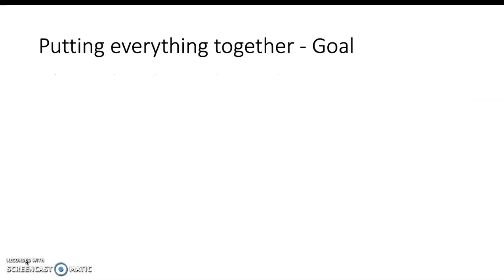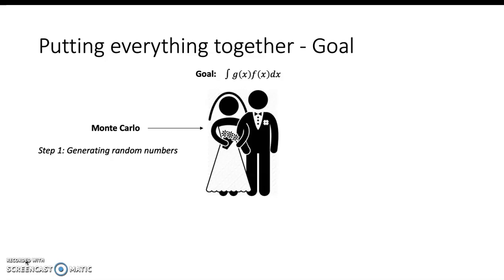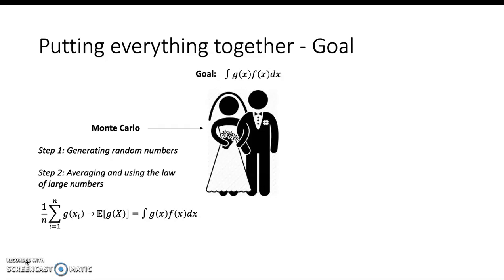So if we put everything together, what is our goal? What are we aiming at today? If we consider again our beautiful couple here, they have a goal of integrating some weird or disgusting integral. We have the bride, who knows how to do Monte Carlo with step 1 generating random numbers, and step 2 averaging and using the law of large numbers, which looked like this.